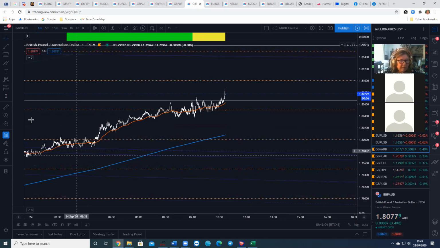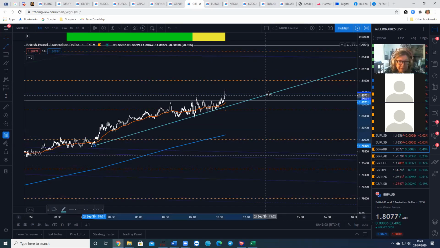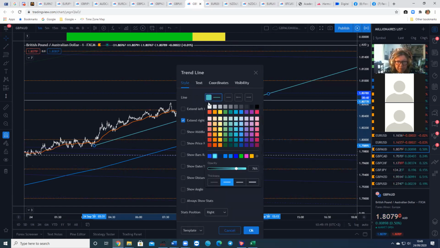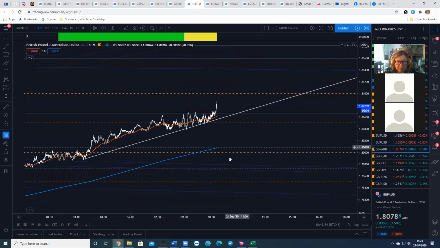So we've got an upward trend there, nice lot of touches there, and we've got it coming up to a break and a retest off the pitchfork.